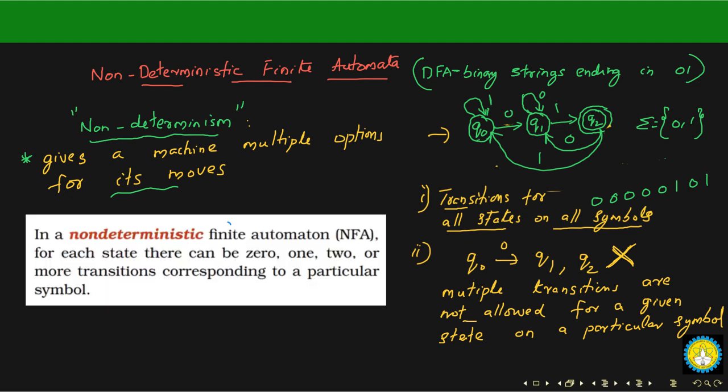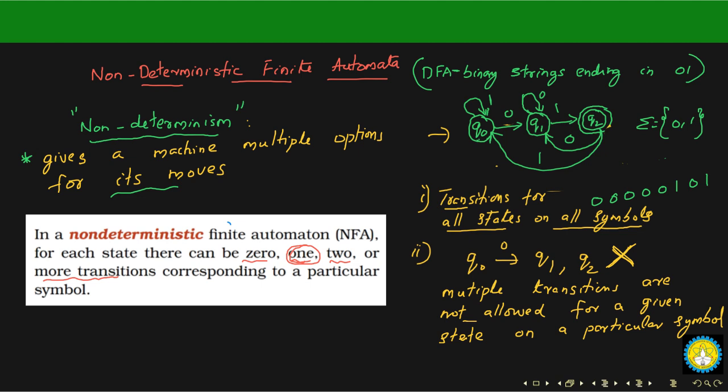In a non-deterministic finite automaton, for each state there can be 0, 1, 2 or more transitions. So it's completely different from a DFA, which can have only one transition from a given state on a symbol.